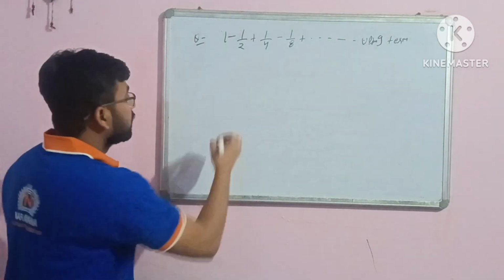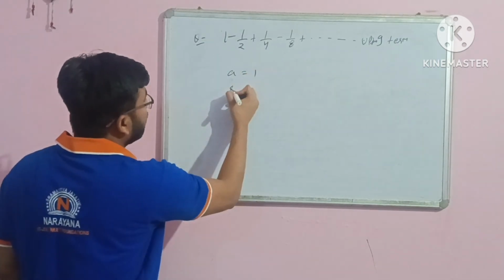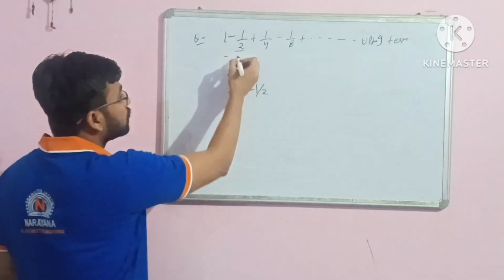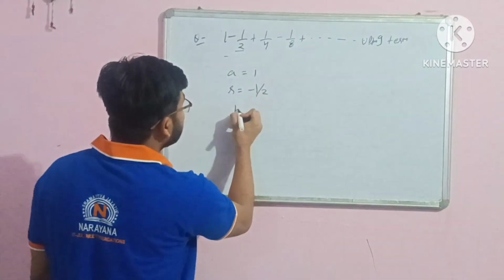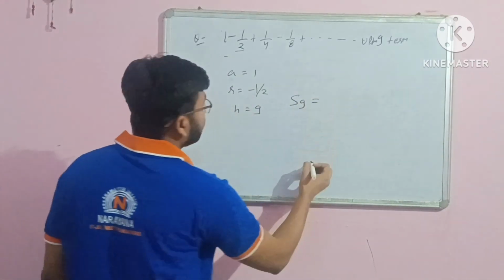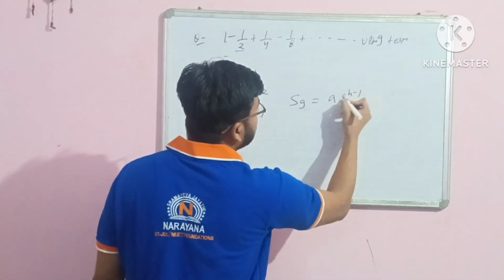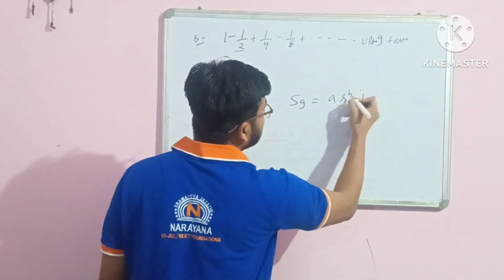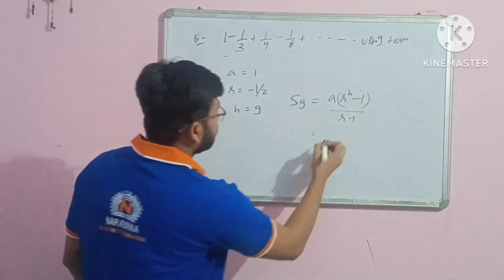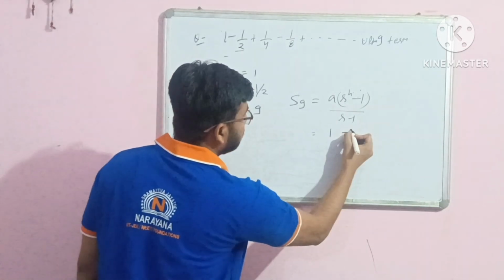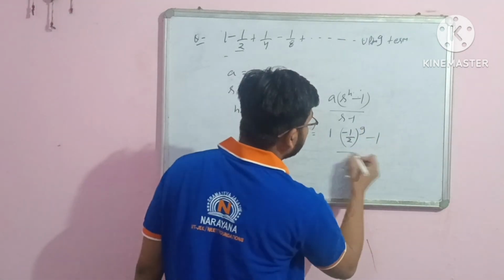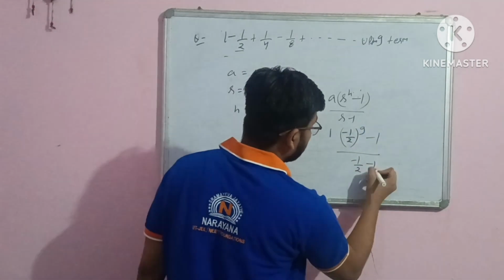So here a is 1 by 2, which is the first term, and r is minus 1 by 2, which is calculated by dividing these two terms. And n is 9. So a into r to the power n minus 1 upon r minus 1 gives 1 by 2 into minus 1 by 2 to the power 9 minus 1 upon minus 1 by 2 minus 1.